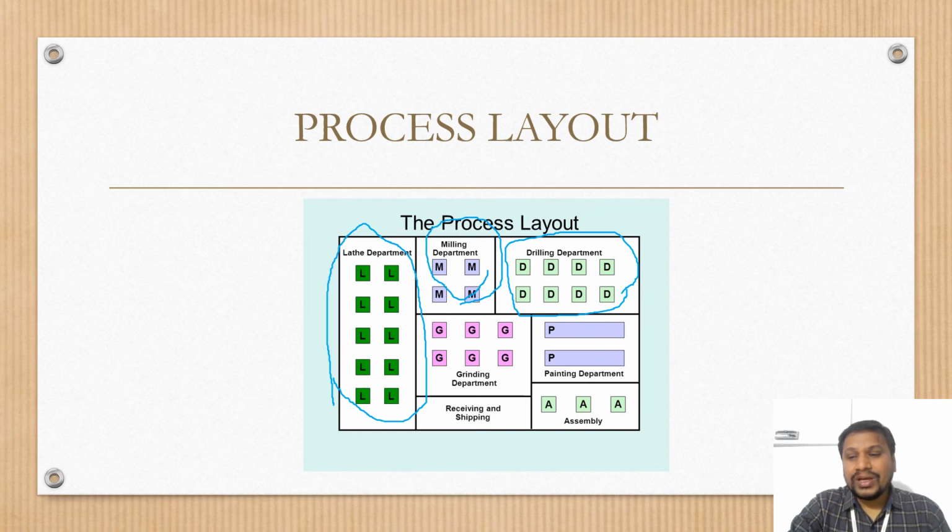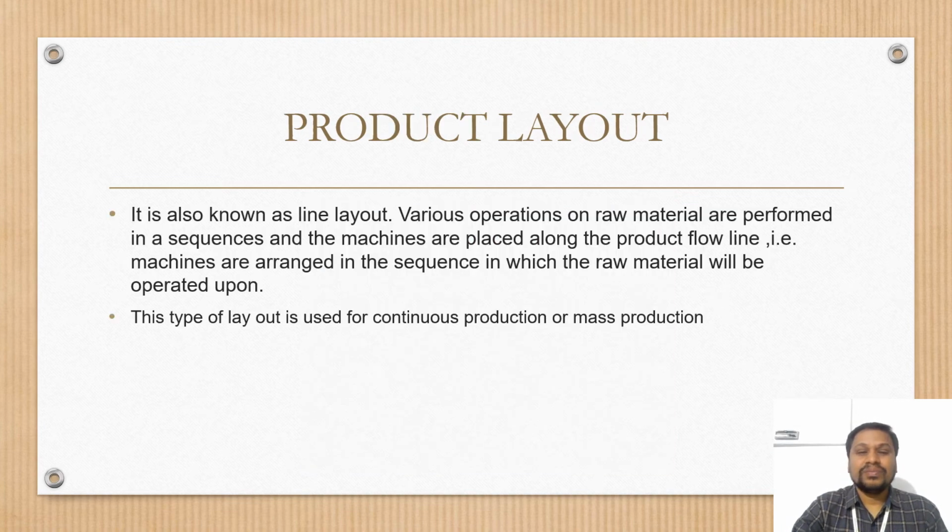Okay, so next is the product layout. One thing I forgot to say in process layout: process layout is basically used to produce a high variety of products at low volume.